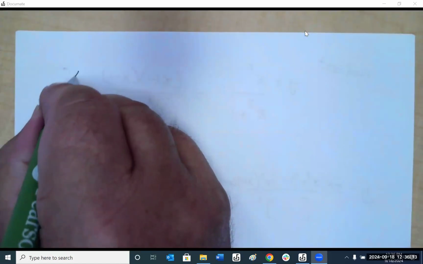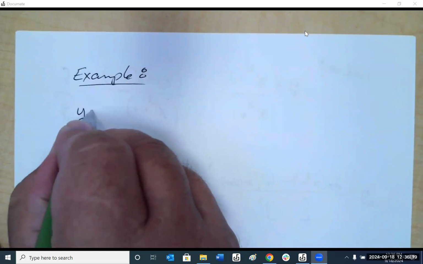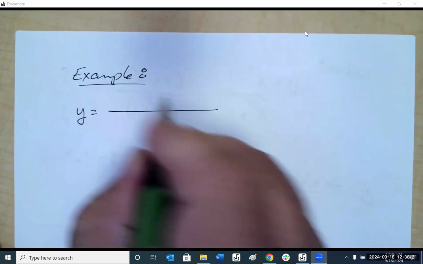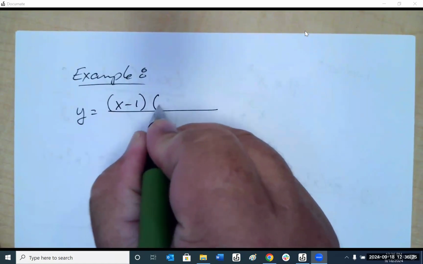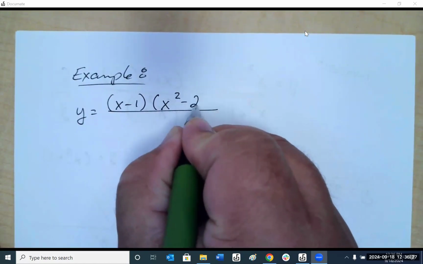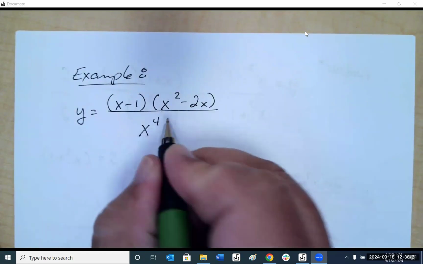Let's look at example 8. The function is x minus 1 times x squared minus 2x over x to the fourth.